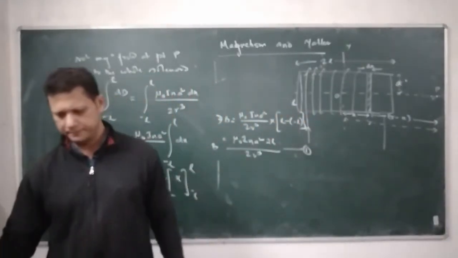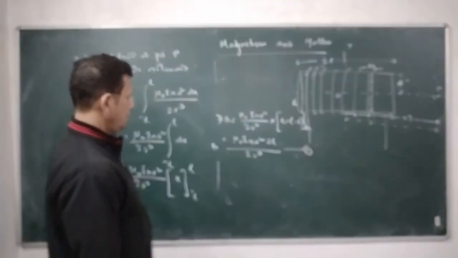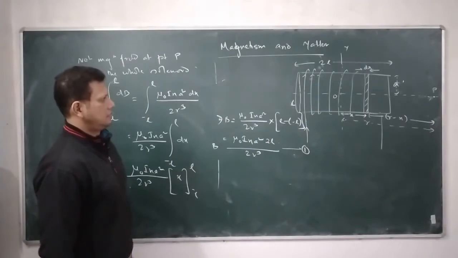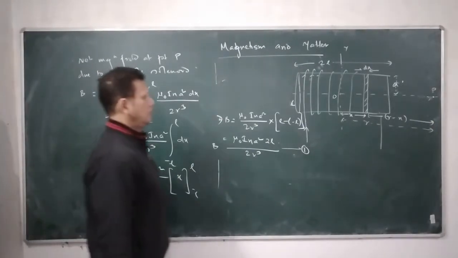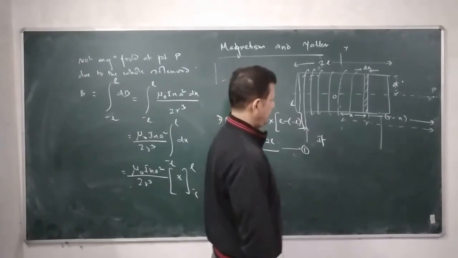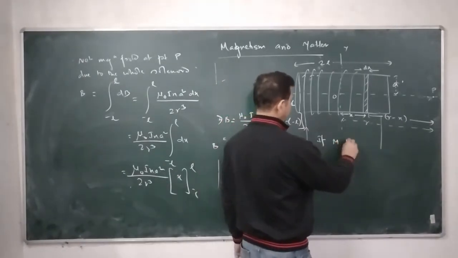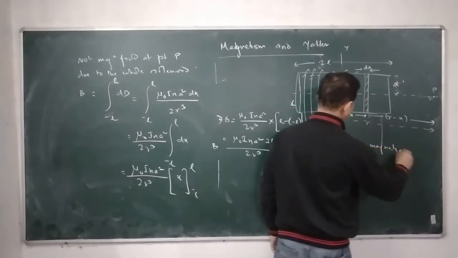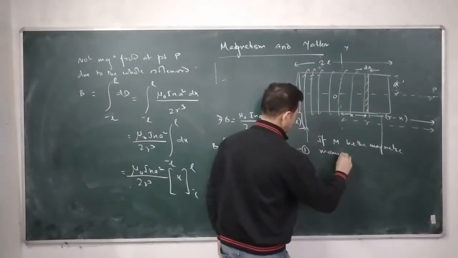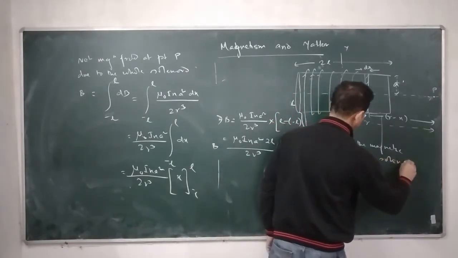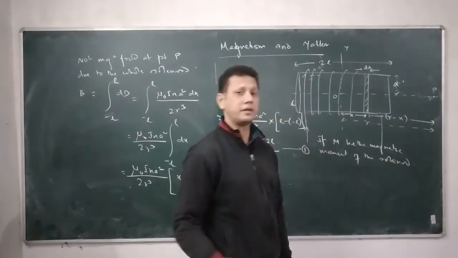Now you see, if M be the magnetic moment of the solenoid, because the solenoid is now behaving like a magnetic dipole.